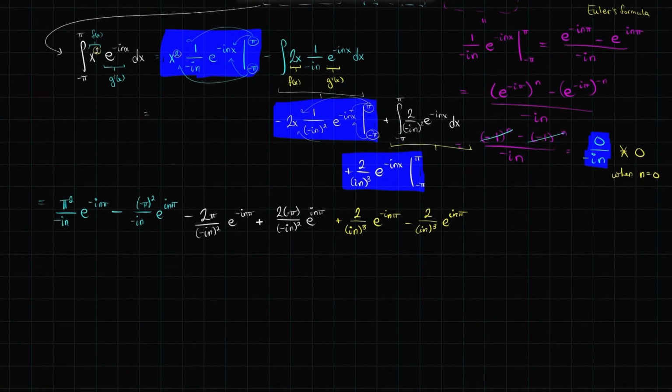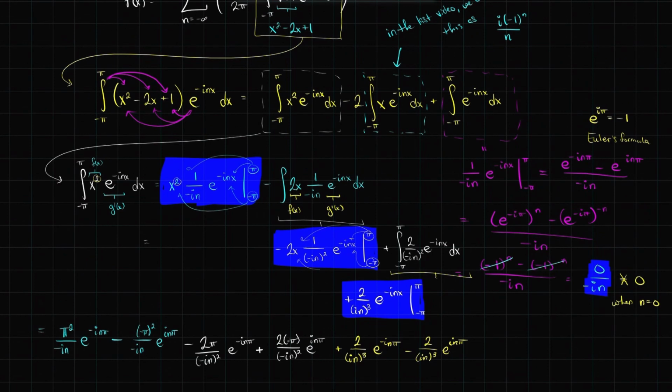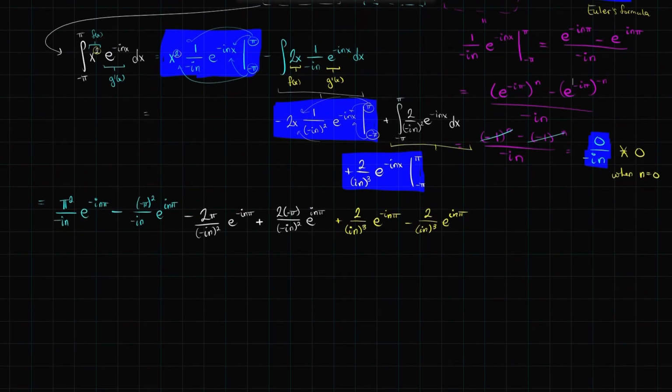When I go ahead and simplify all of these exponentials, recall they're all going to be negative 1 to the nth power, for the same reason I described above. I'm going to have pi squared over negative i n, negative 1 to the n, minus pi squared over negative i n, negative 1 to the n.